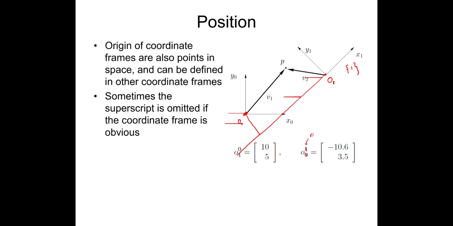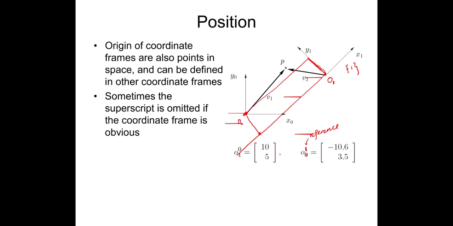So again, this is the reference. Then this thing from here to here is pretty long, and if we measure that, that is negative 10.6. And if we consider the y, and here this is going to be my y, then it means the origin of the first frame, which is frame 0, its position in the frame 1, we will have this vector.